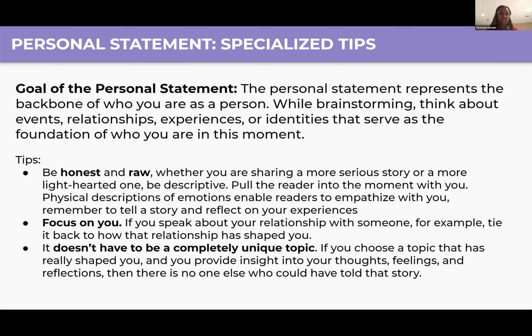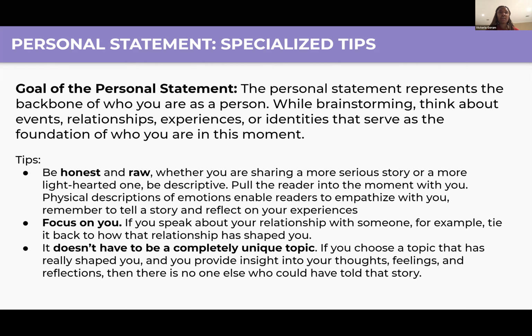And then also, one thing that made me more relaxed in doing this process is to remember that you don't need to find a completely unique topic. I know that I was panicking because I was like, there are literally millions of applications that have been sent out. How do I find the one topic that nobody has written about? And this really isn't as important as everyone makes it out to be.